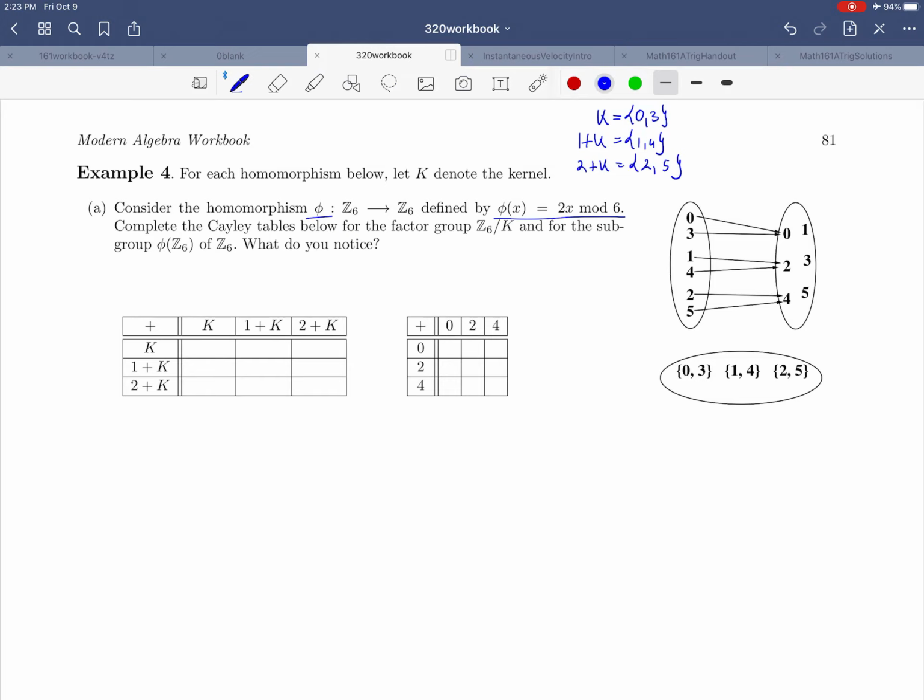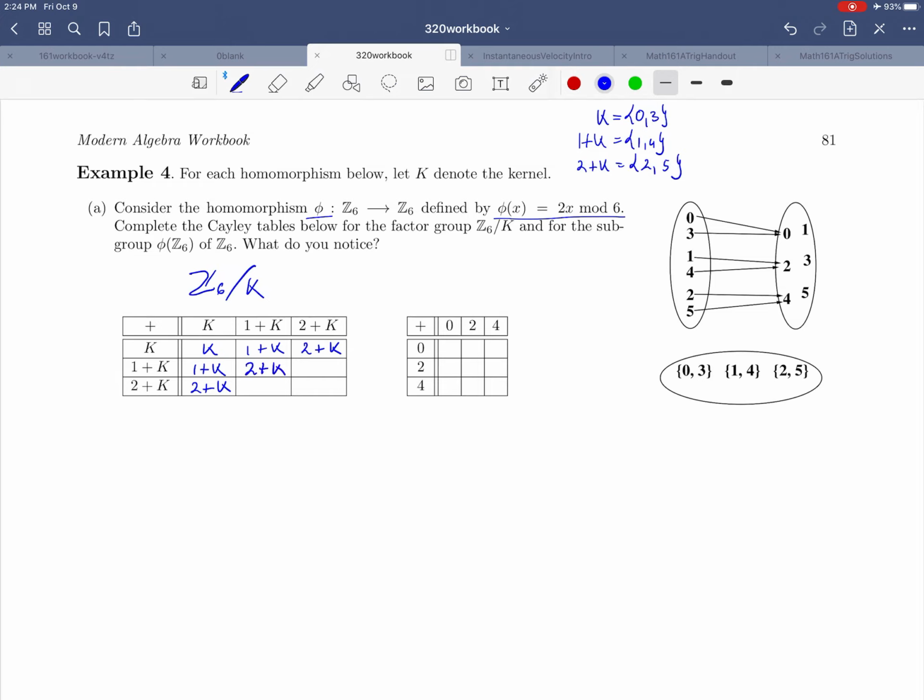All right, so now let's look at the Cayley table of first the factor group Z6 mod our kernel. In the factor group, the kernel is the identity. So we have K, 1 plus K, 2 plus K in the first row and also in the first column. Then what do we get if we take something in 1 plus K and add it to something in 1 plus K?